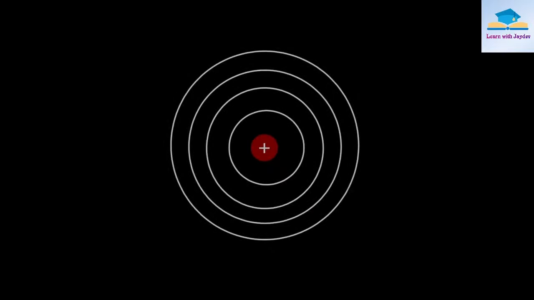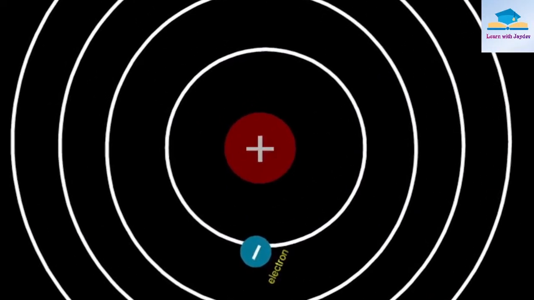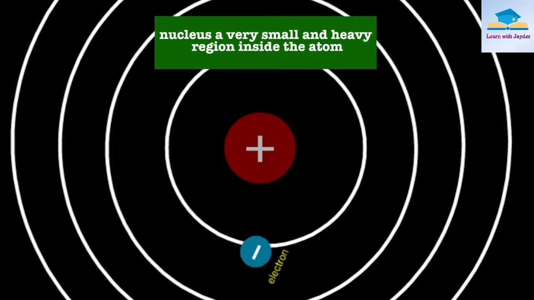The electrons are very much lighter than protons or neutrons, and they revolve around the nucleus in orbits. So, almost all the mass of the atom is concentrated in the nucleus, which makes the nucleus a very small and heavy region inside the atom.